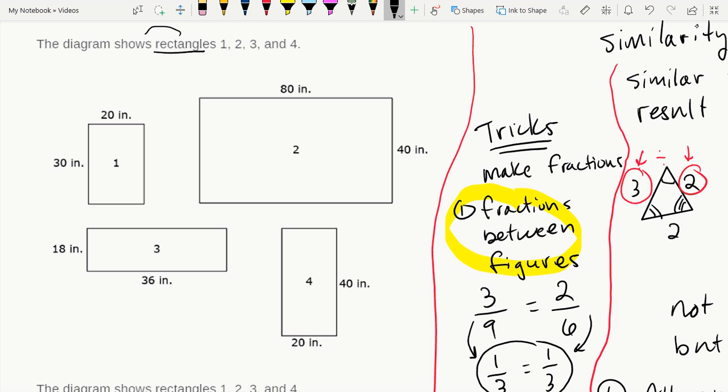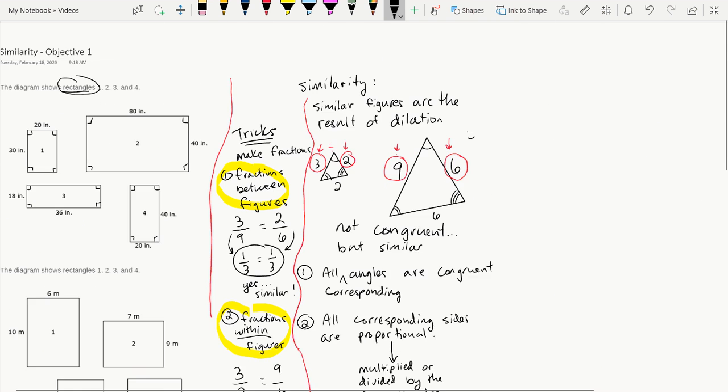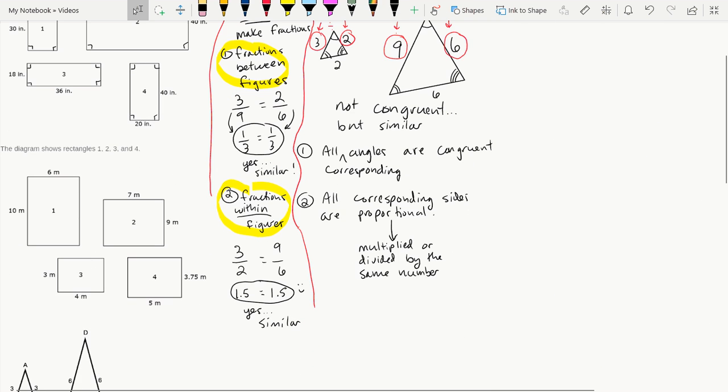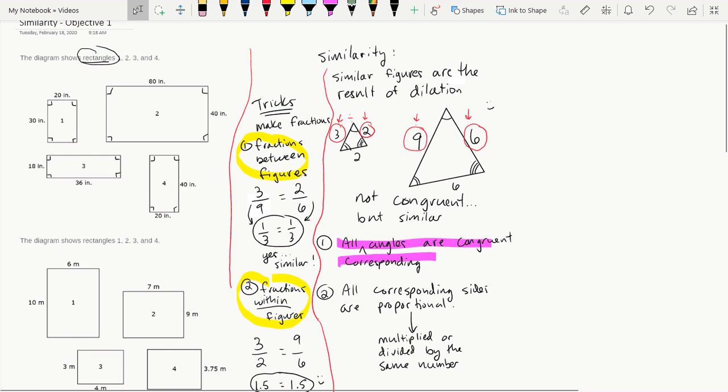A really important thing here is that it says rectangles, so I know automatically that all of these have all right angles. So the first condition for similarity is met here. Remember, the first condition for similarity was that all corresponding angles are congruent. So that's true.